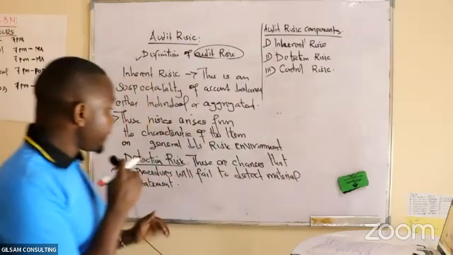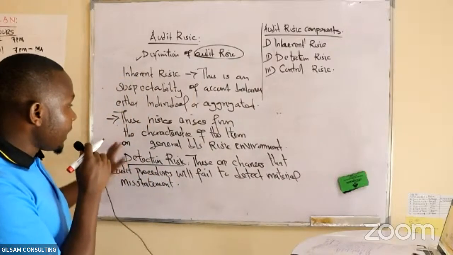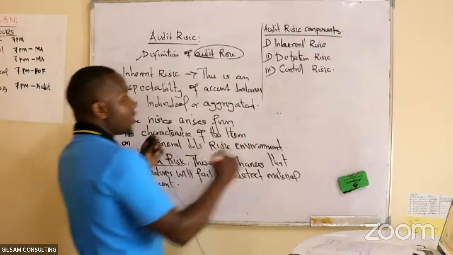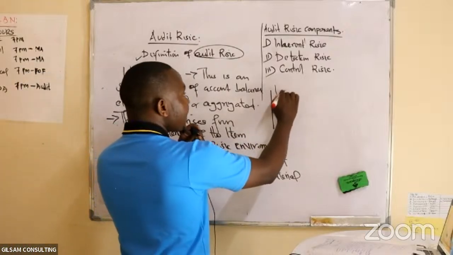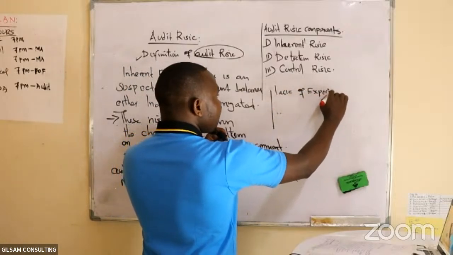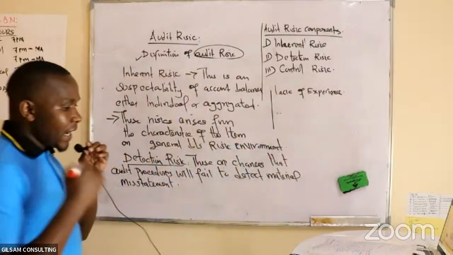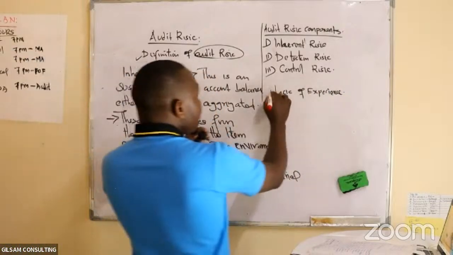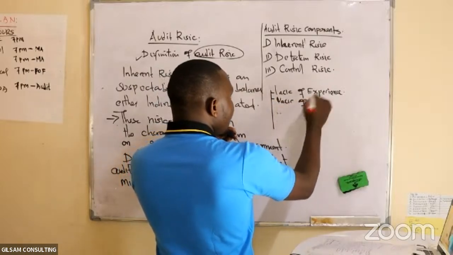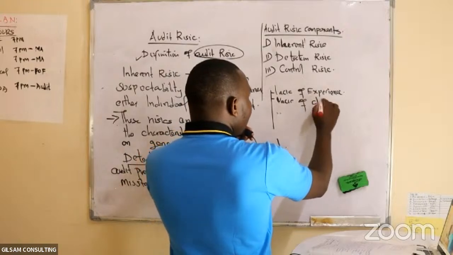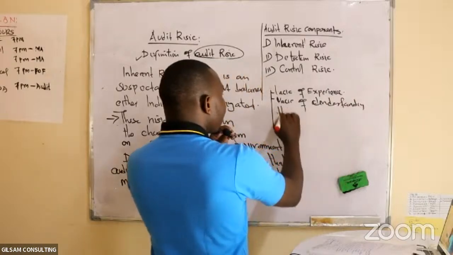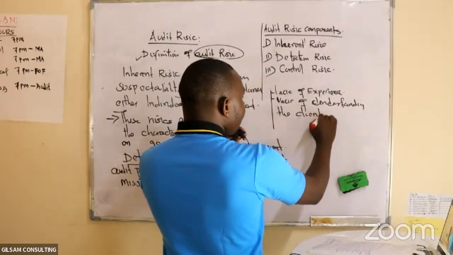So what are the chances which give rise to this detection risk? It is because of auditors who lack experience. Another one is lack of understanding of the client business.